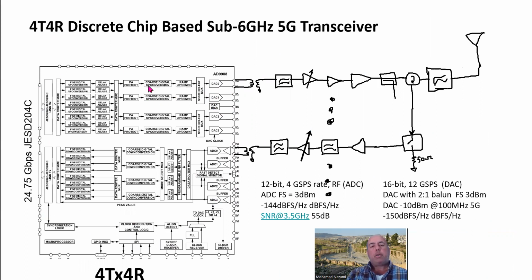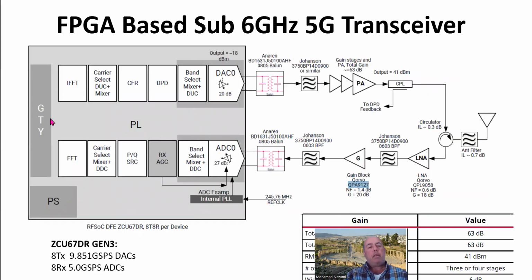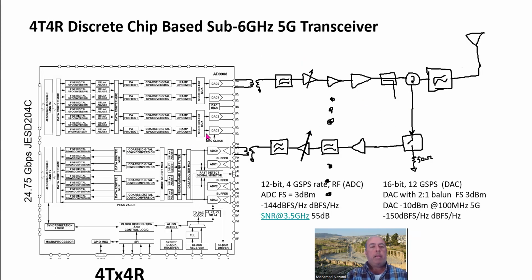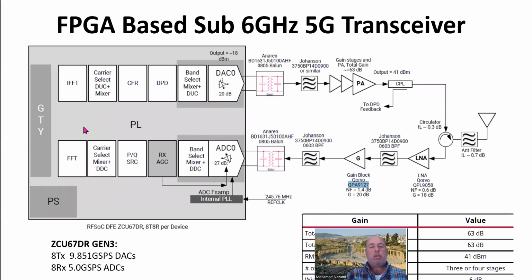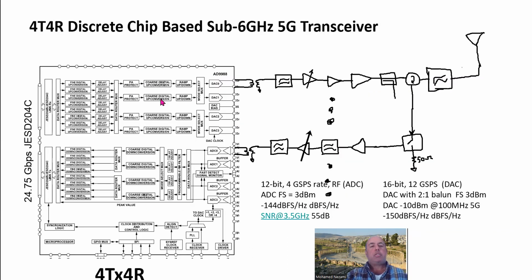And what we do, we can build a sub-6 gigahertz RF transceiver for a 5G cell transmitter system using these chips. Now back to the FPGA, it's exactly the same. The only difference is that this one doesn't have a lot of programmability like you would on an FPGA. On an FPGA, you have what we have in the discrete chips from these various semiconductor companies, which includes the DACs, ADCs, and all the back-end signal processing.